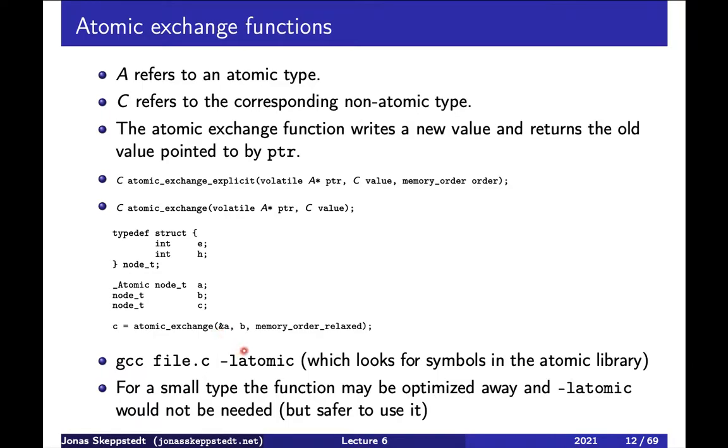Usually you don't have to specify that you want something from the standard library. For instance, if you want to use printf or malloc, you need to include the header file, but you don't have to write which library it is on the command line. But for math functions you need to do that, and then it is -lm, and for the functions relating to atomic variables, you use -latomic.